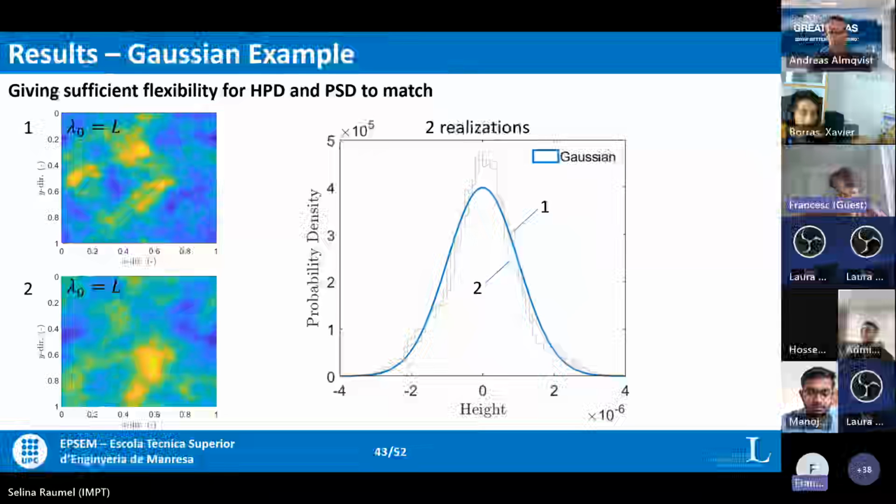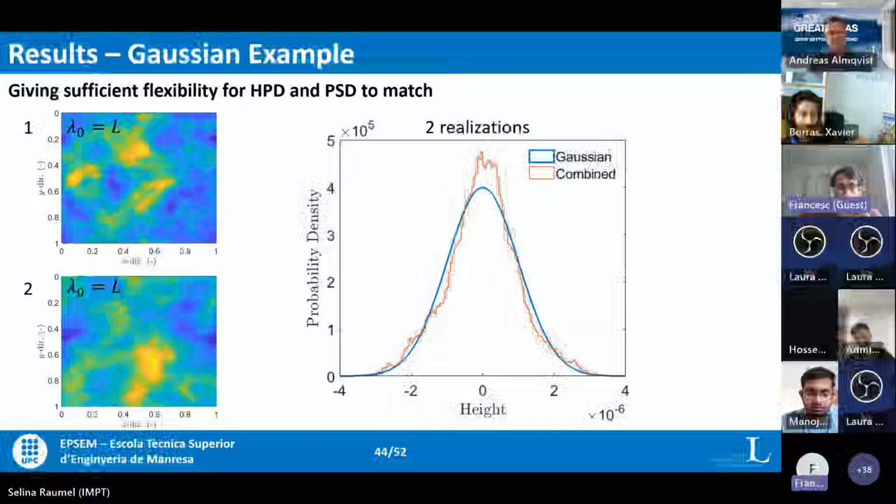However, you would expect that if you take the combined height distribution of these surfaces, they will converge to the Gaussian. Well, it doesn't for 2. 2 is a very small number, but if I go to 10, they do start to converge. And if I go to 100, they're even closer.